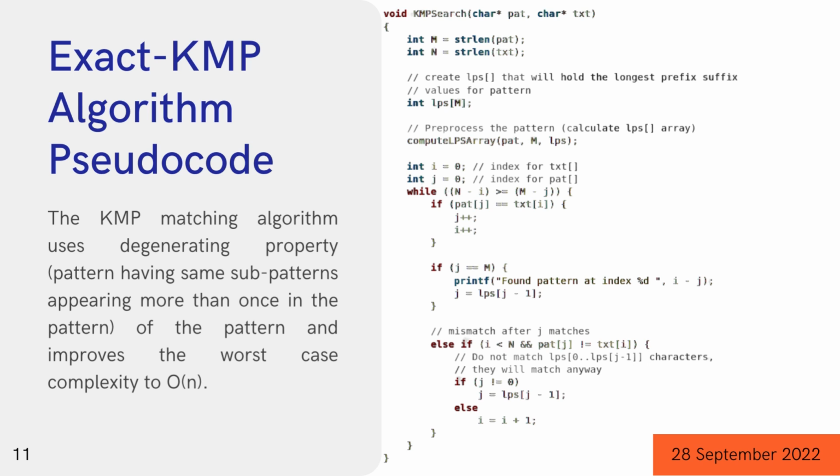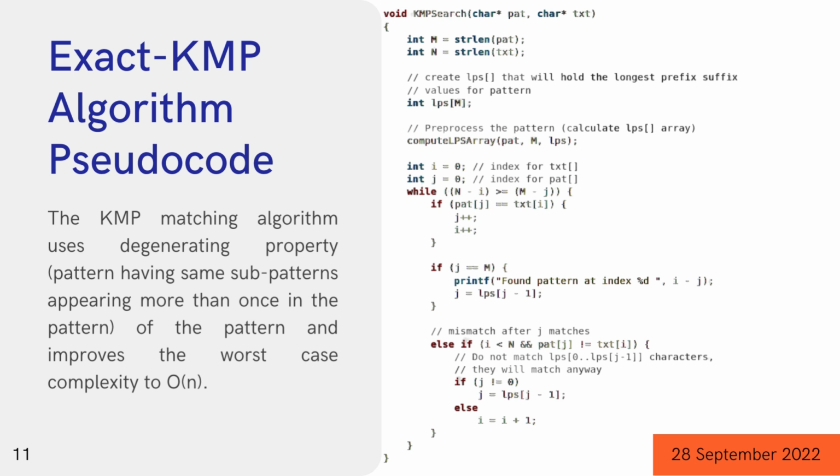If it matches, we state it as the matched string part, and then check for another subsequence. That's it. So the KMP algorithm uses the degenerating property, where a pattern appears more than once in the pattern.